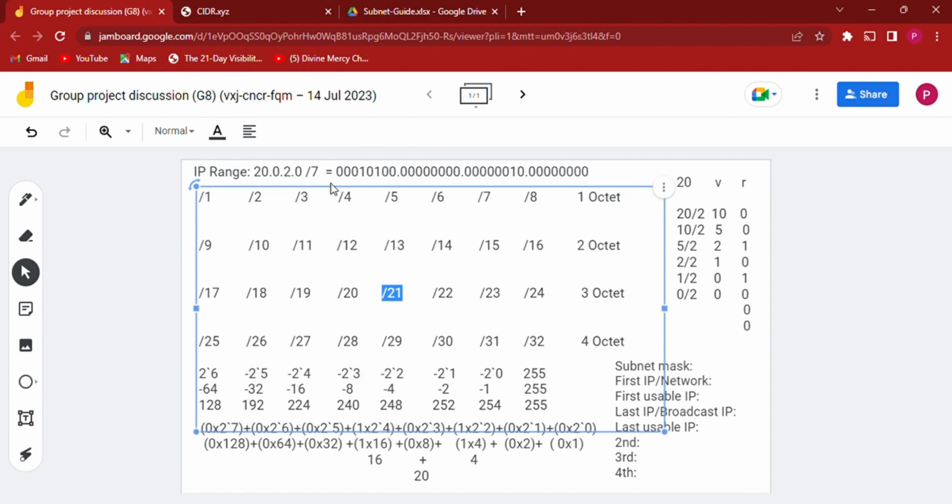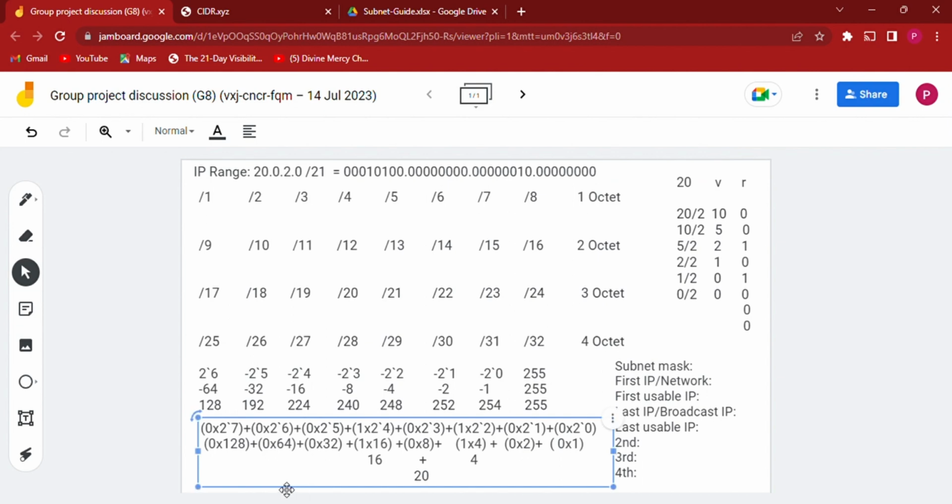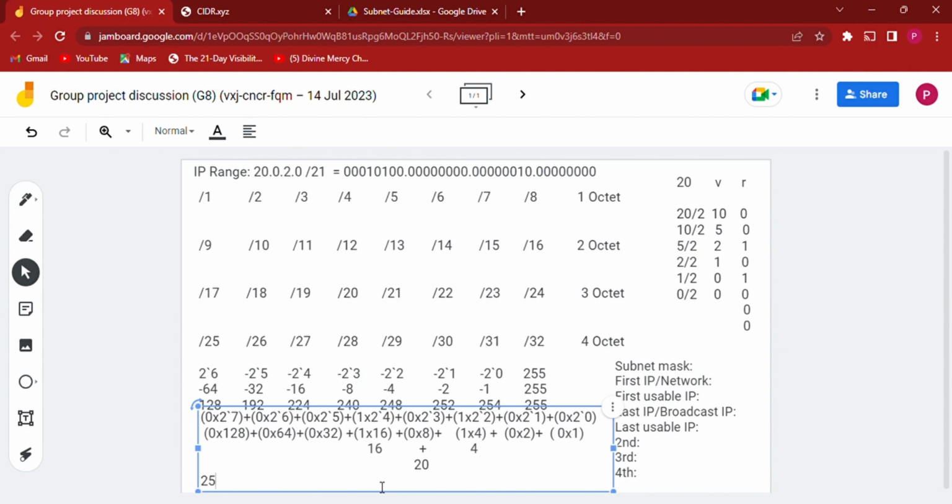So your subnet mask will be 255.255, and when you get to the third octet, you change it to the number below: 248.0, because you've not reached the fourth octet yet.